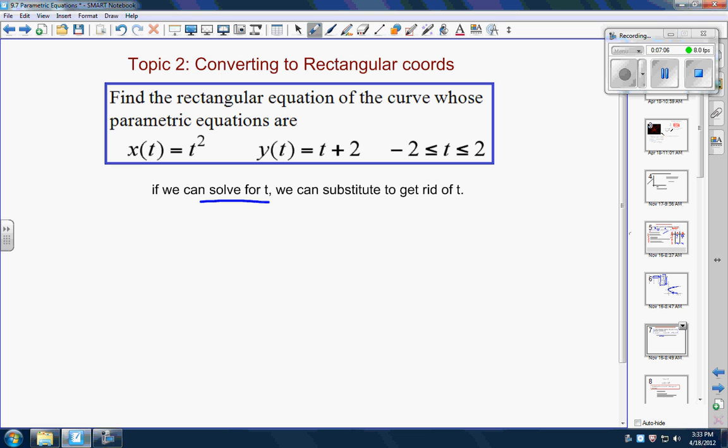So what you need to do is just consider this as x equals t squared and y equals t plus 2. This guy is definitely easier to solve for t, and all t is y minus 2. This guy you would have to square root, and you don't want to worry about that because you end up with positives and negatives. Do a substitution here.